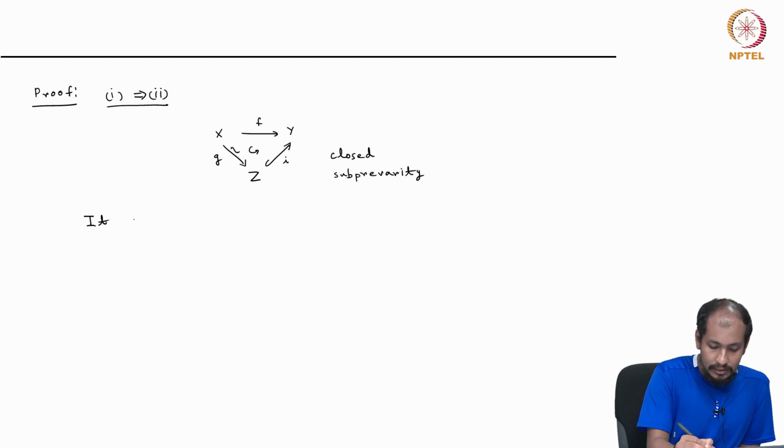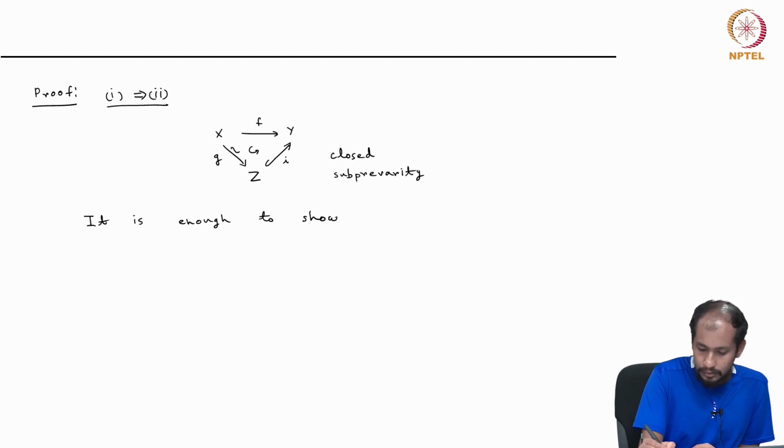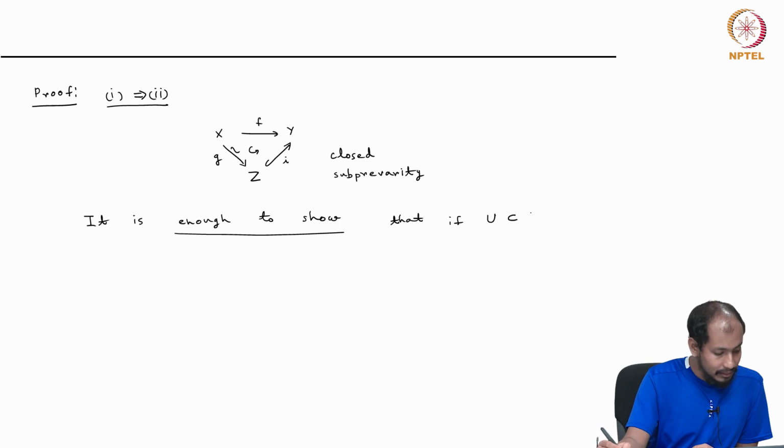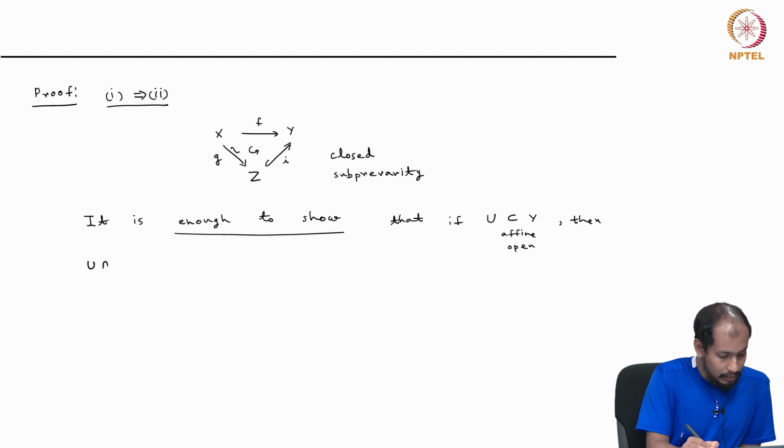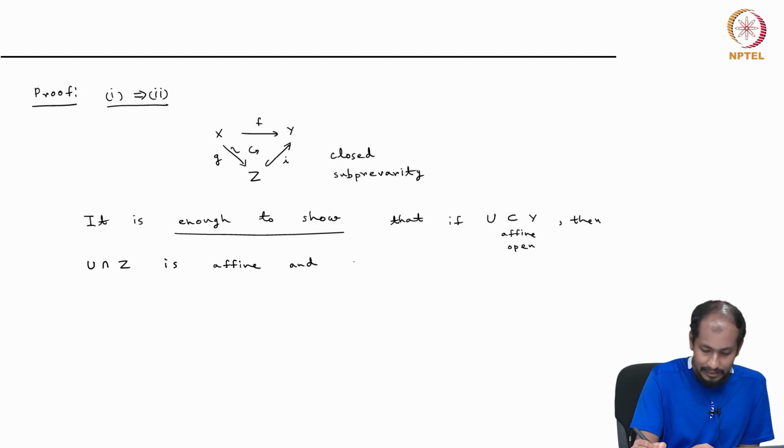So it is enough to show that if U is affine open subset of Y, then U intersection Z is affine, and this O_Y(U) to O_Z(U intersection Z), this is surjective.